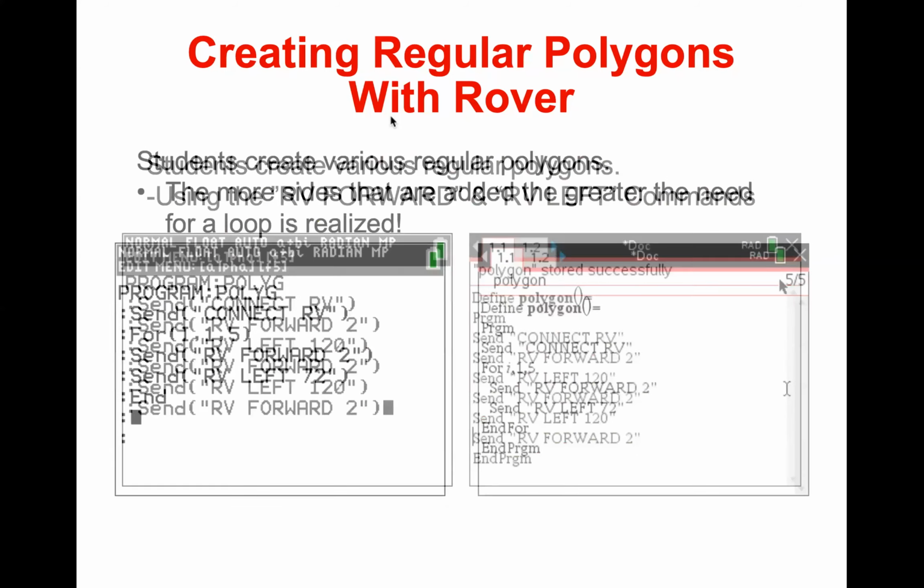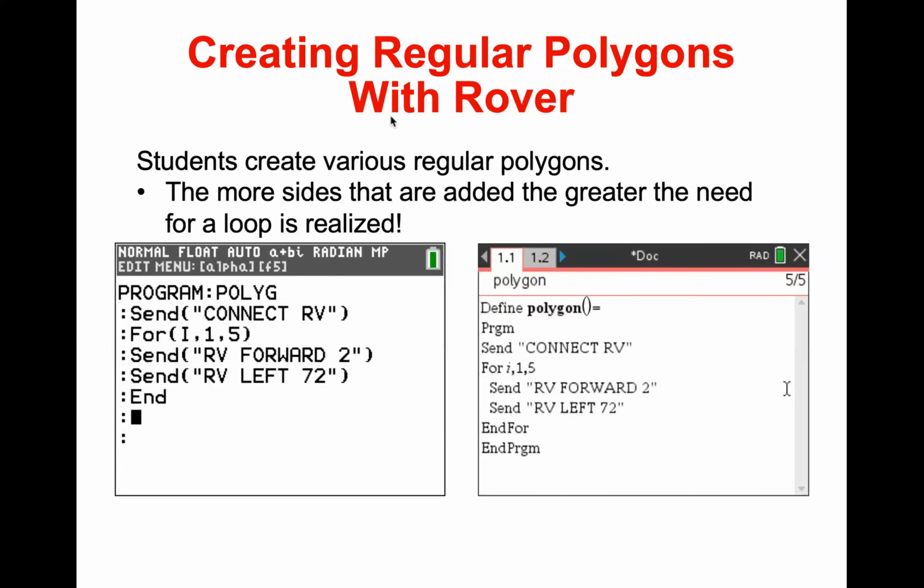So it naturally lends itself to loops, which is nice because it's almost like they're demanding a more efficient way of coding this into their calculators. I always thought that's a nice little piece, where they're thinking about efficiency in their coding.